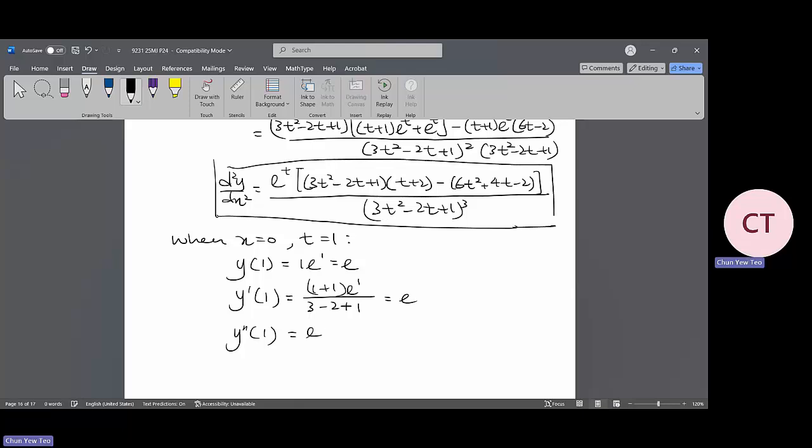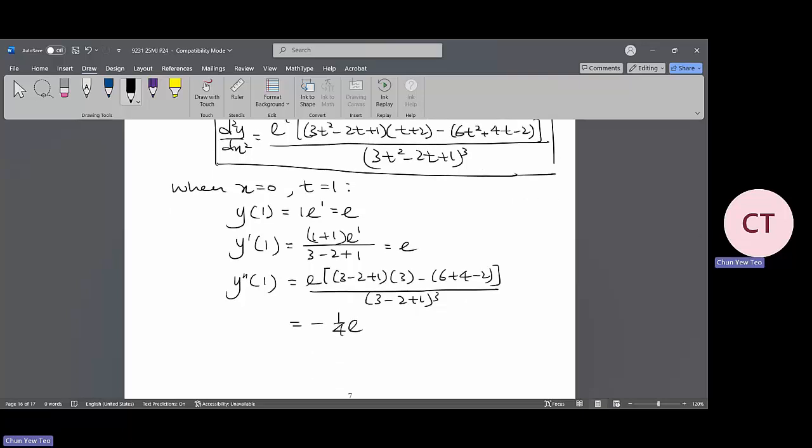So you will get e times (3 minus 6 plus 4 minus 2) divided by (3 minus 2 plus 1) cubed. If you solve it, you're supposed to get negative 1 over 4e.